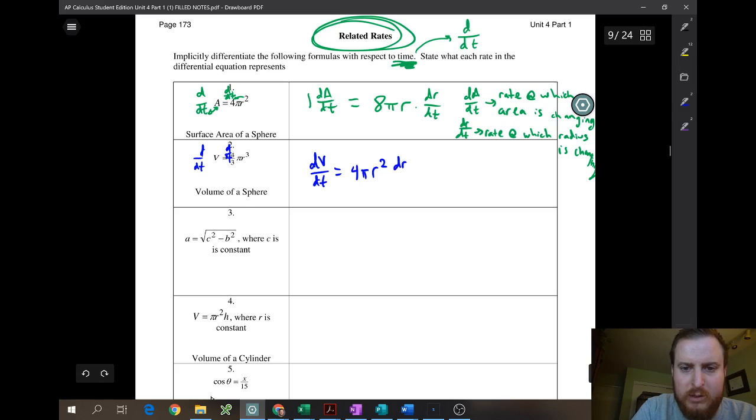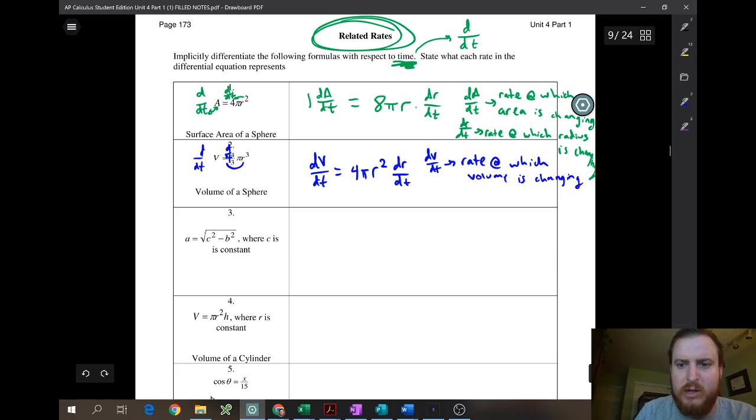And then times the dr dt, because r and t are different variables. So dV dt represents the rate at which our volume is changing. And I'm not going to rewrite dr dt because we've already established that's the rate at which the radius is changing.